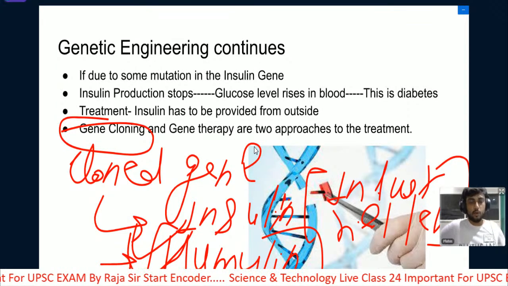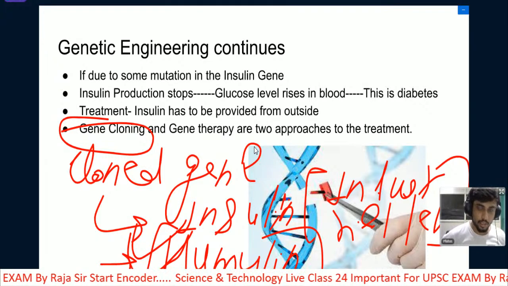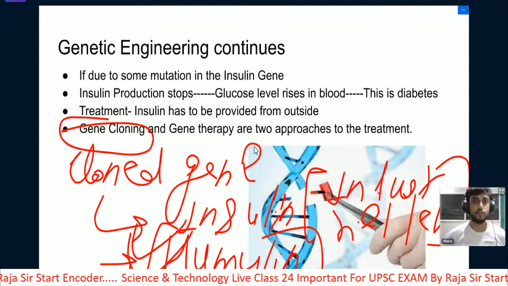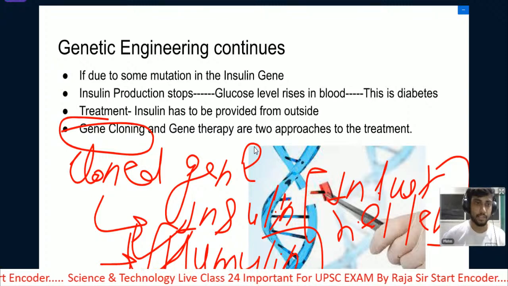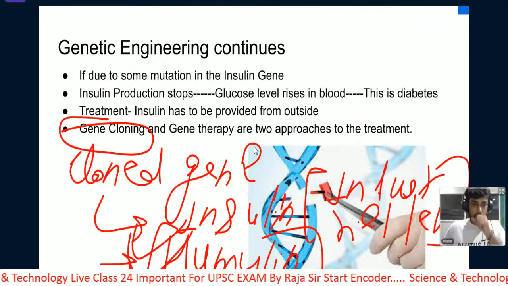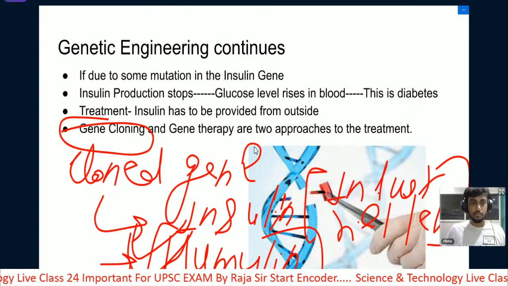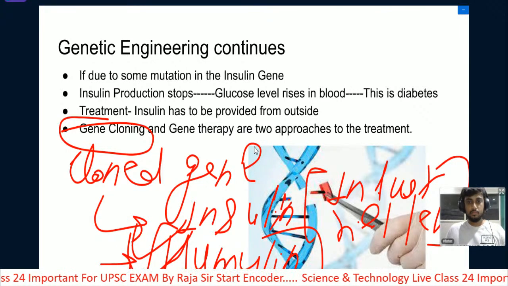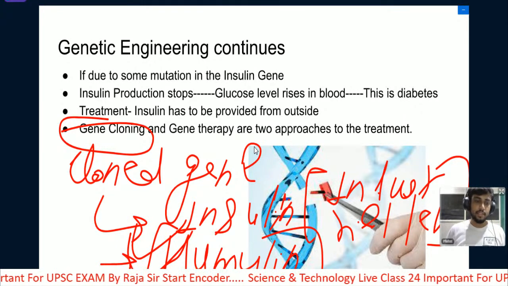So yes, that is the clone gene. The insulin gene is the clone gene, because we have created so many copies of the correct gene through this process. So this thing is gene cloning.